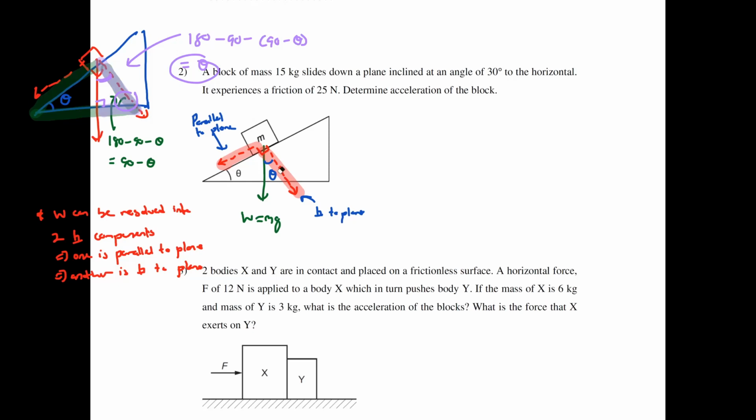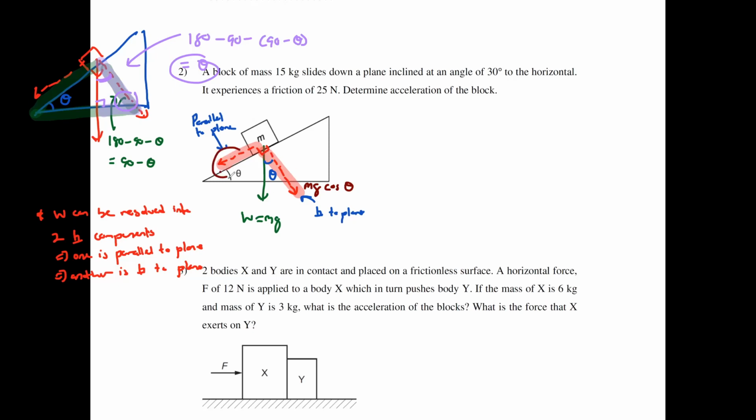Now, from here, you can work out the expression for the components of your weight. You see this angle, this component is adjacent to your angle. So this one will be mg cos theta because it's adjacent to your angle.